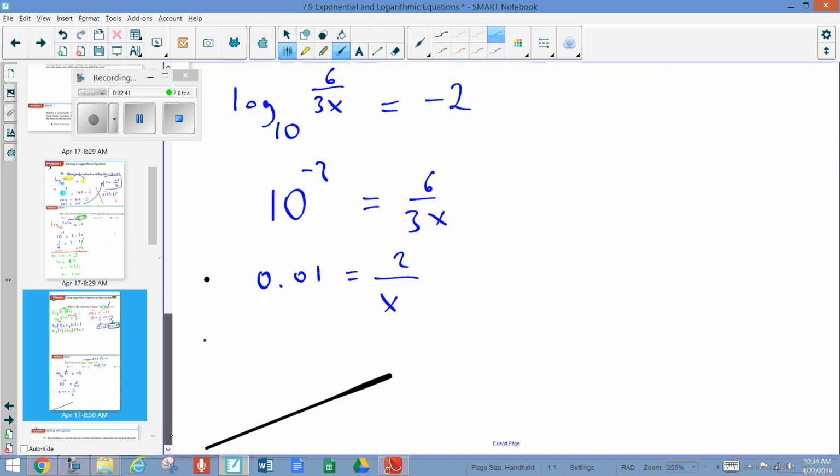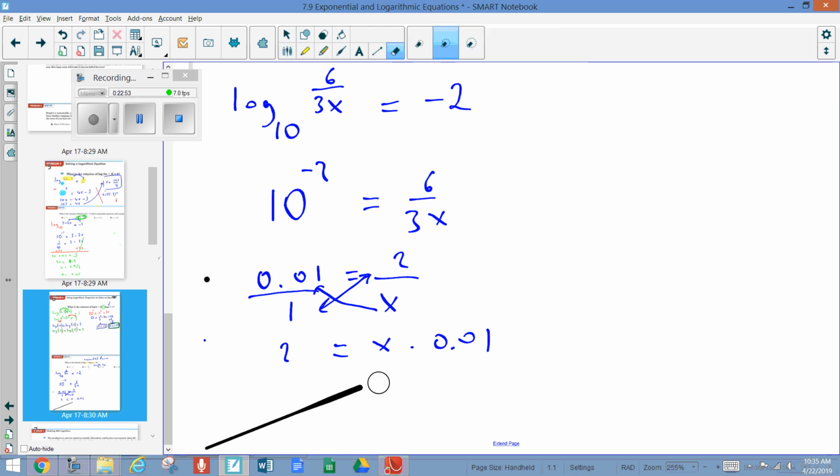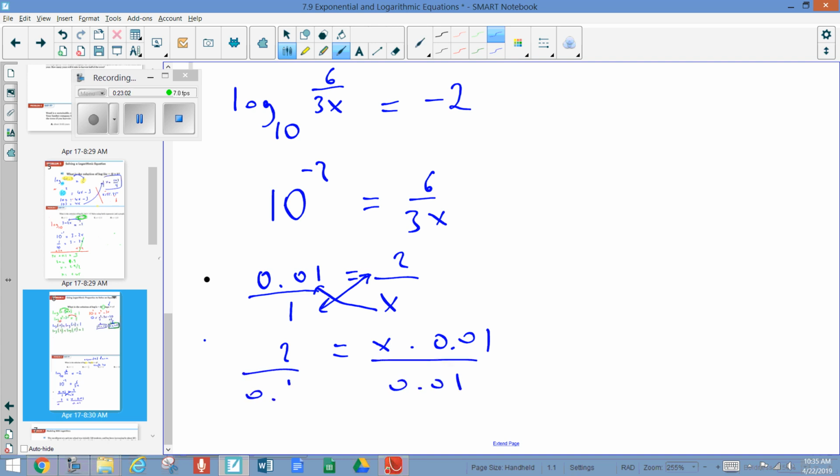So after this, once we do cross multiplication, 2 times 1 is equal to 2, x times 0.01, correct? So divide both hand sides by 0.01. You don't have to do that. And it's going to be 200.